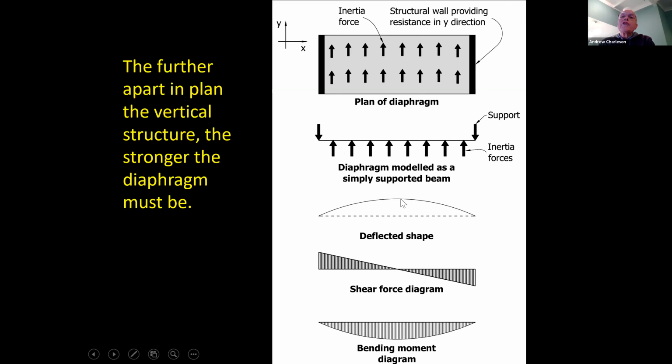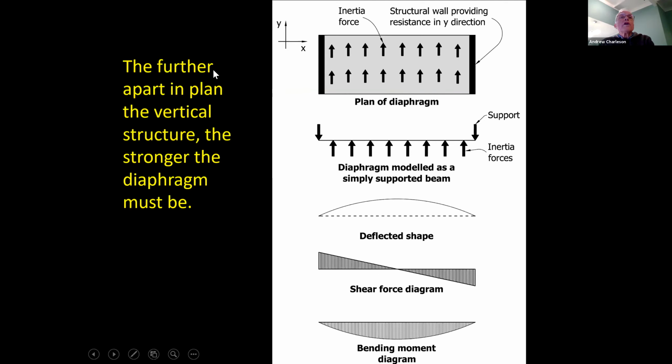Here is the deflected shape of the beam between the two supports, which are the shear walls. This is the shear force diagram in the floor slab. And this is the bending moments in the diaphragm. And so as you'd expect, the maximum bending moment is at mid-span of a diaphragm.